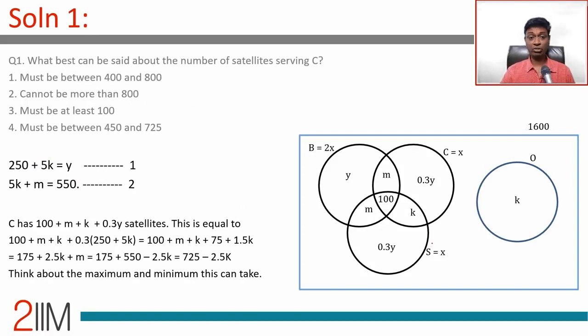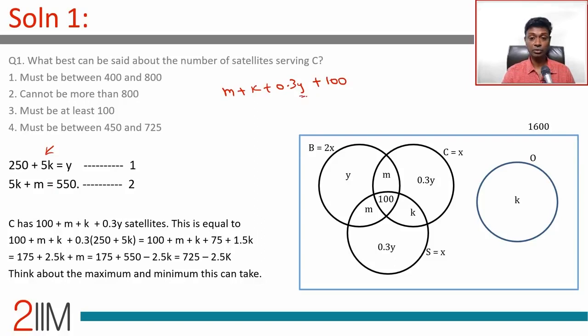What best can be said about the number of satellites serving C? Number of satellites serving C is M plus K plus 0.3Y plus 100. So 0.3Y can be written in terms of K. We know Y is 250 plus 5K.